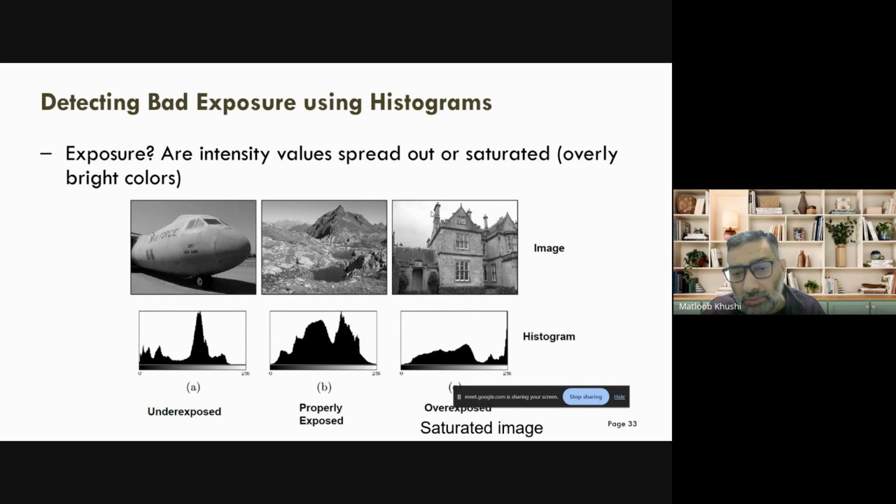Maybe in this example, let's imagine there might be a plane flying in the sky, and that could be an object of interest you want to see. But the way the image was taken, it has washed out all the sky, so you can't see anything in the sky.